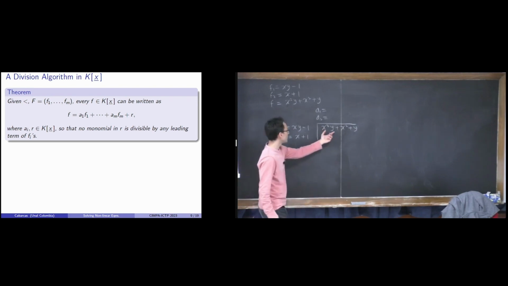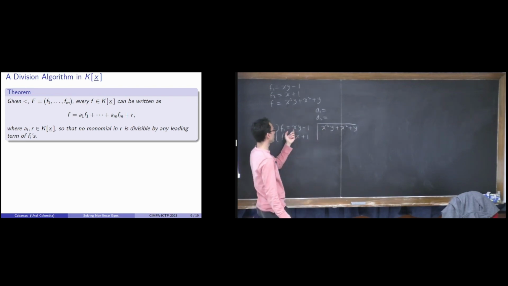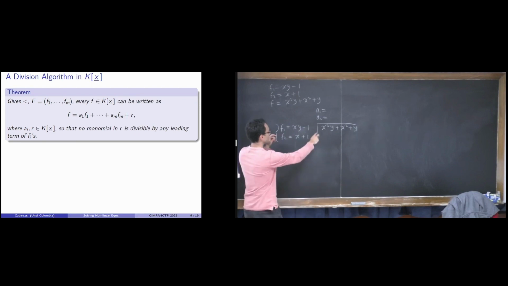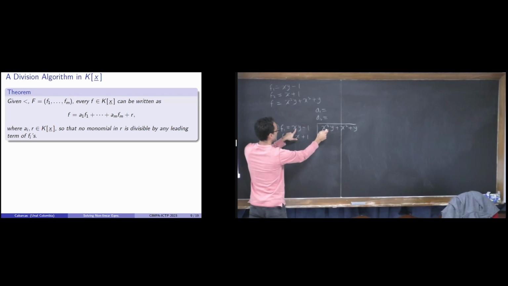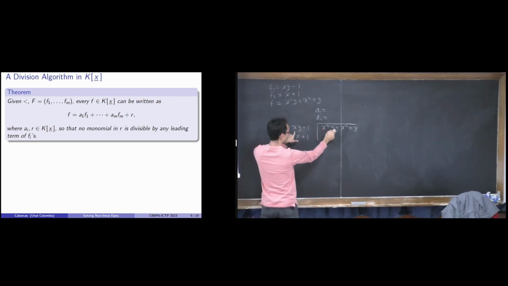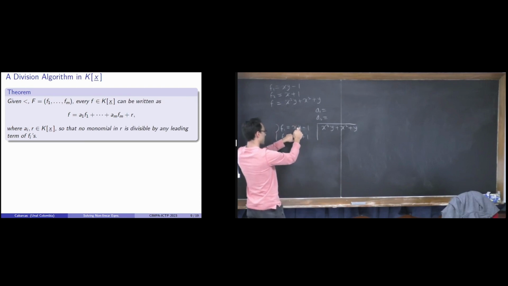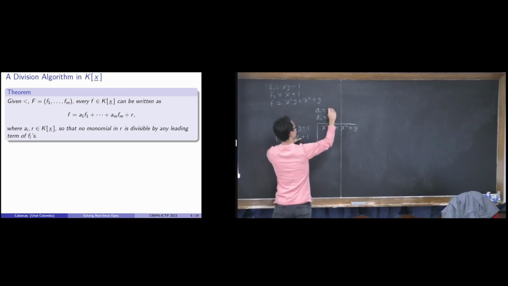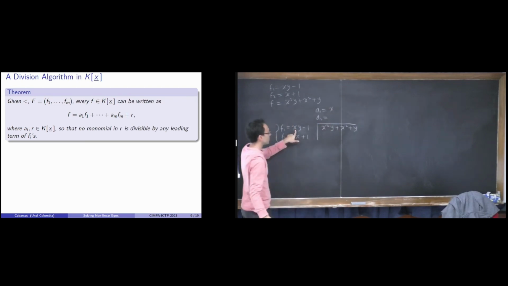So we start reducing using f1, f2. For example, this x squared y is divisible by xy. To get x squared y, we need to multiply xy by x. So we need an x in a sub 1.